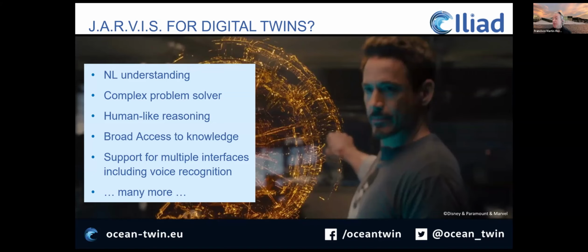And it also supports multiple interfaces to interact with Tony Stark, including voice recognition and many other things that this assistant was able to cope with. So we are thinking that in this complex infrastructure of digital twins, having something similar to Jarvis would be interesting. And the question is, do we have something similar to Jarvis?